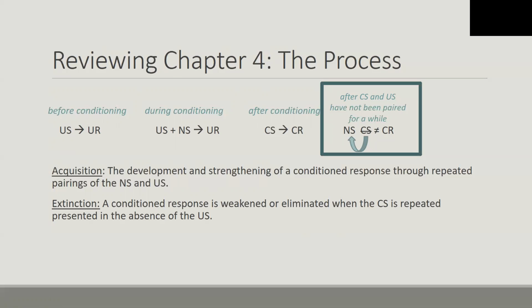We call this extinction. This is when the response is weakened so that you no longer get that conditioned response, or it is completely eliminated. So it's essentially the opposite of acquisition. It's when the CS is repeatedly presented in the absence of the unconditioned stimulus. So it's essentially the reverse of conditioning, and through that we see the conditioned response disappear.